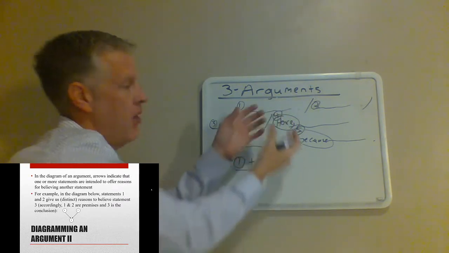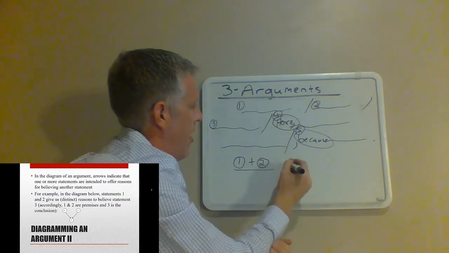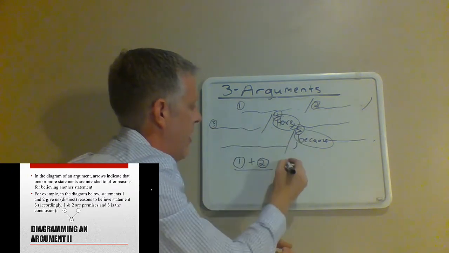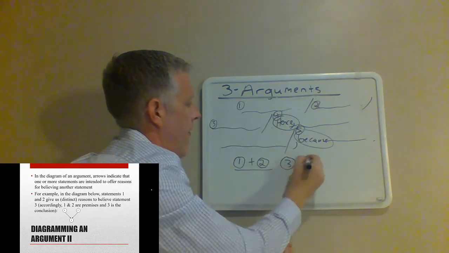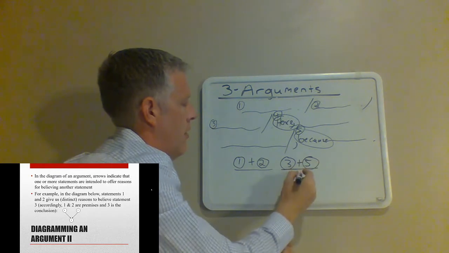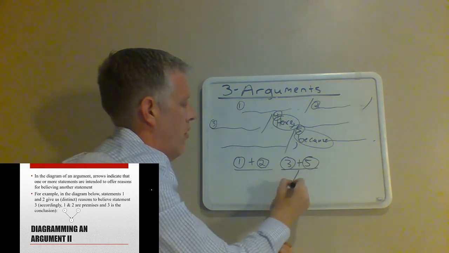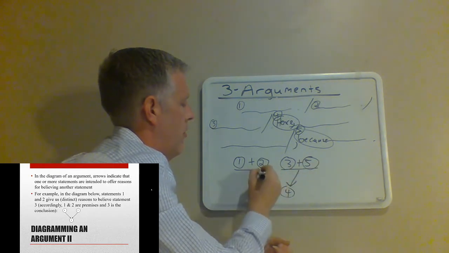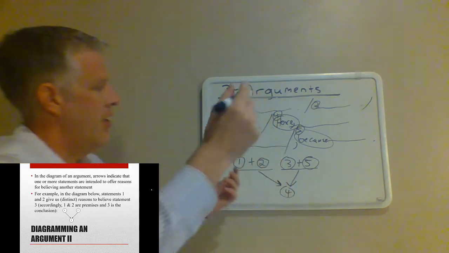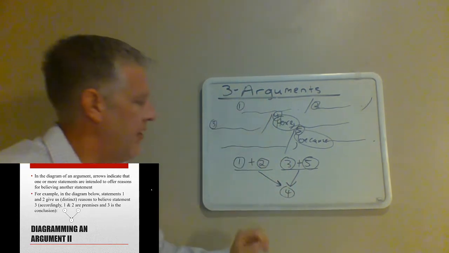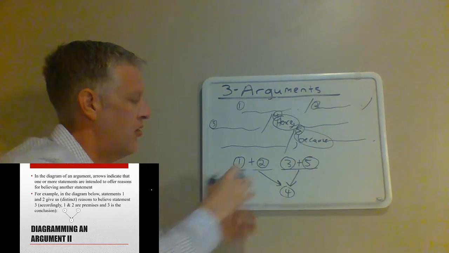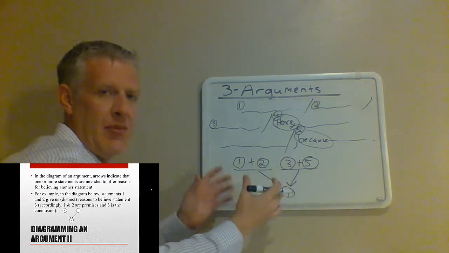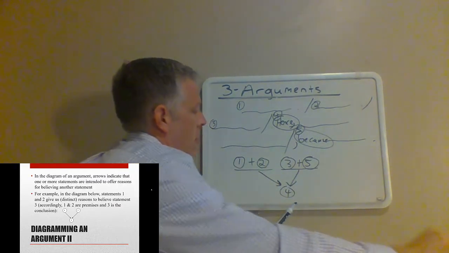And then we might have 3 and 5 together. Again, it depends on what exactly is being said. The thing I want to do here is just show you what a possible diagram looks like.